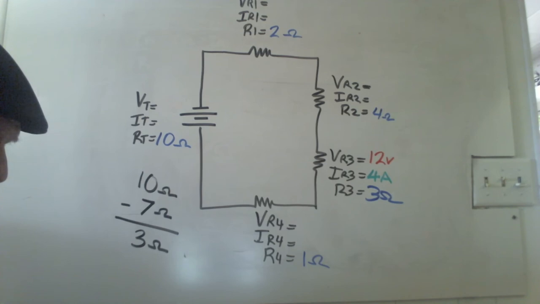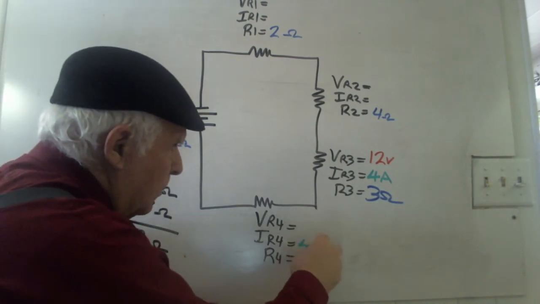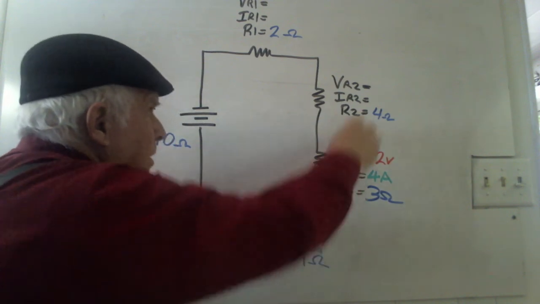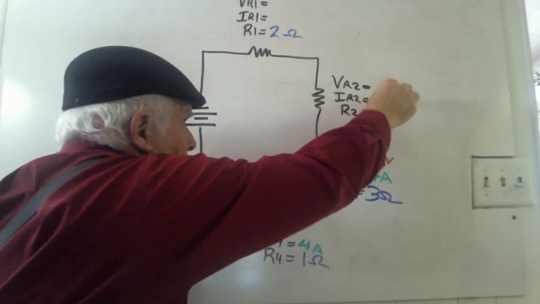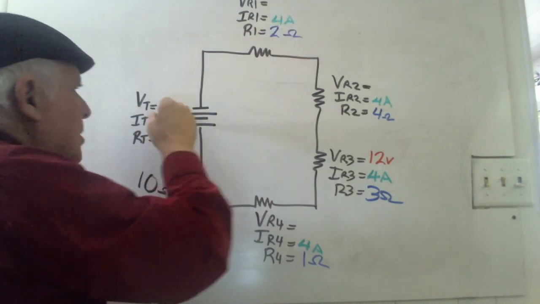Well, the rules say that in a series circuit, current is constant. Does that necessarily mean that all 4 resistors get the same current? Yes, it does. So I'm going to put at each position here 4 amps, 4 amps here, and 4 amps up here, and of course 4 amps total.